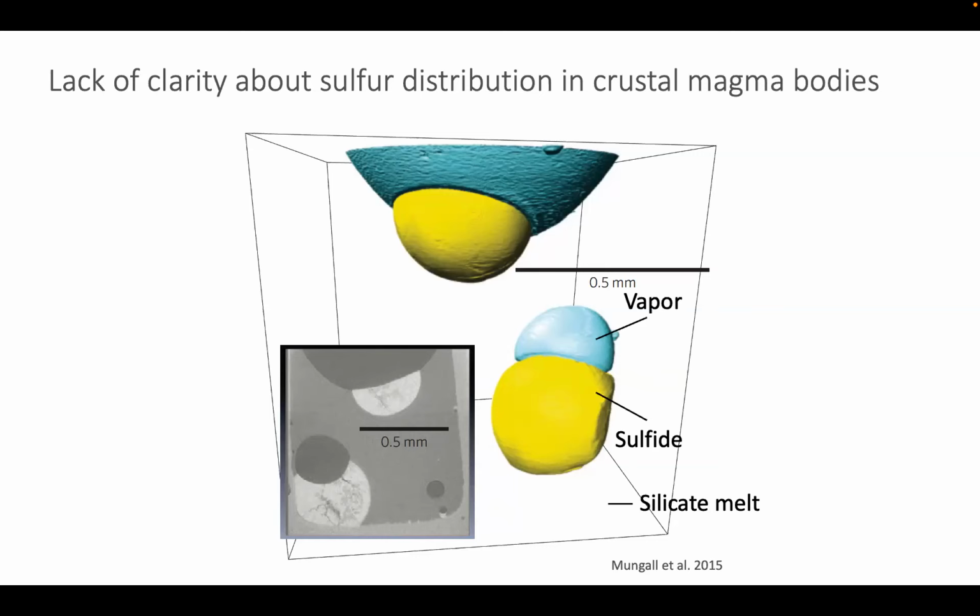And so if we want to understand how sulfur is behaving in volcanic systems, we really need to understand how sulfur is distributed between all of these three different phases. And so just to illustrate that, I'm showing here a really nice 3D rendering from an experimental study looking at the physical interplay between all of these three phases. So that's one challenge that makes sulfur a little bit tricky to understand.